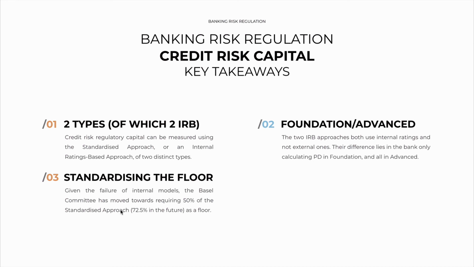In other words, the standardized approach is going to keep the results of the internal models in check, in a way. So as we see, there are two major approaches to calculate credit risk regulatory capital: the standardized approach and the internal ratings-based approach. The IRB approach in specific can be further split into foundation or advanced, and the only thing distinguishing these two is the quantity of metrics that the bank itself is calculating.